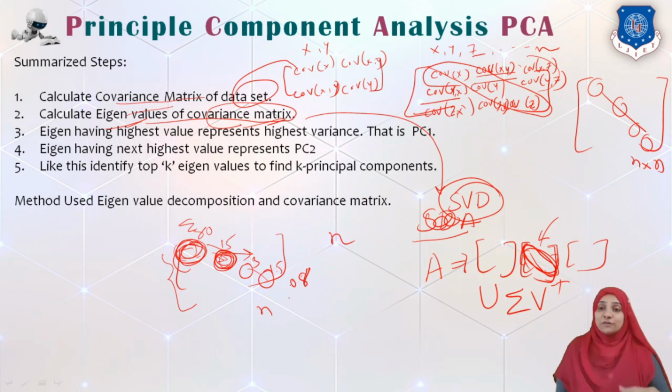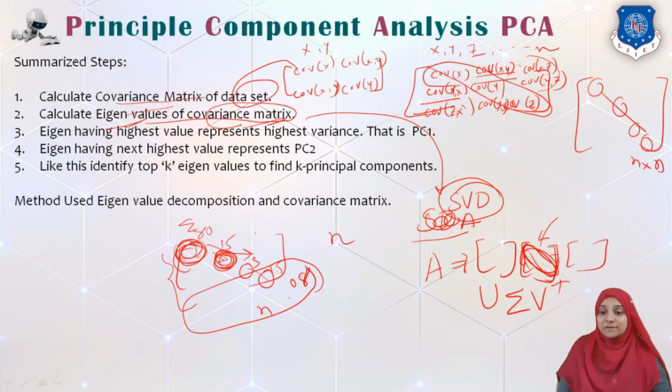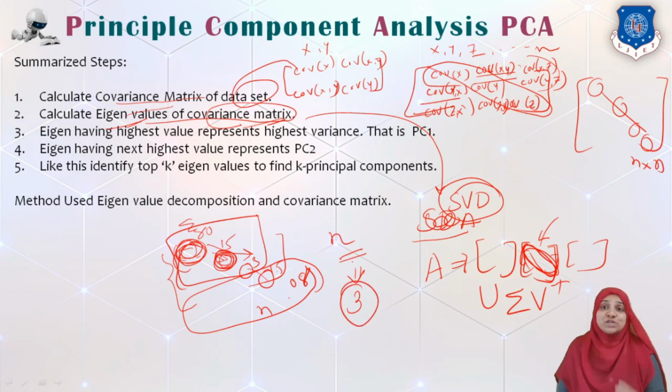So we have to take a decision that I don't want any component containing less than 3% of the information. Okay, so if the information contained is lesser than 3%, we are going to ignore those features. So we end up having only 3 features. From n dimensions, we have reduced the data to a 3 feature space.